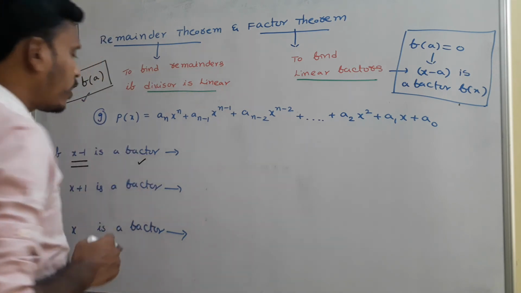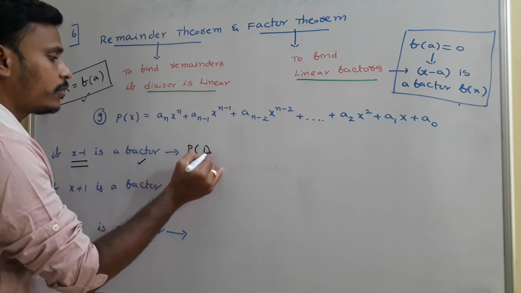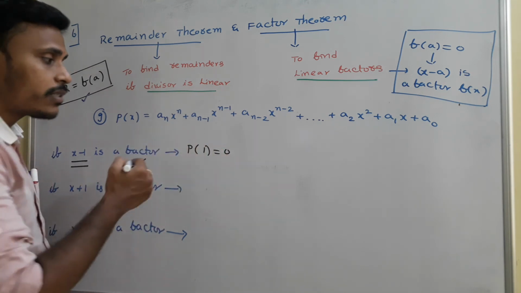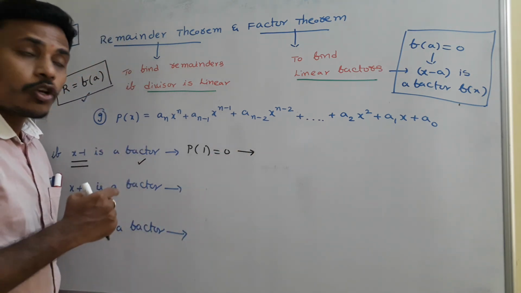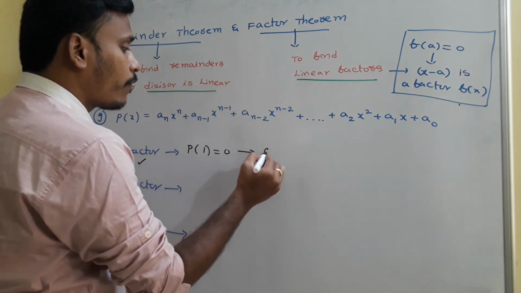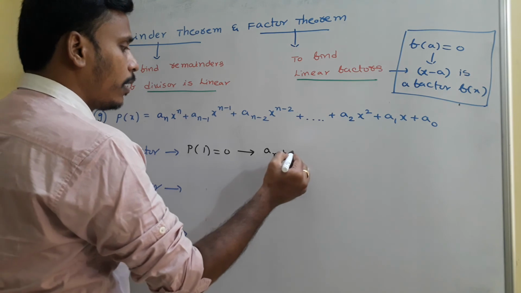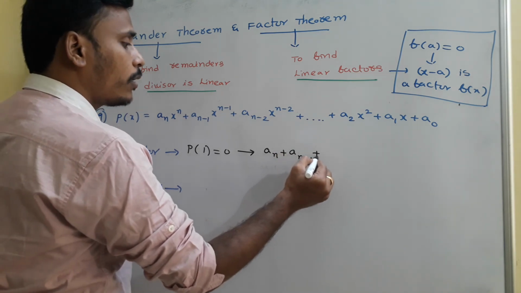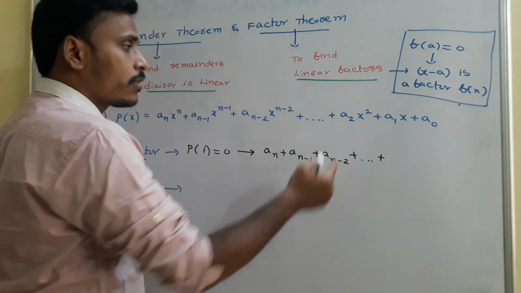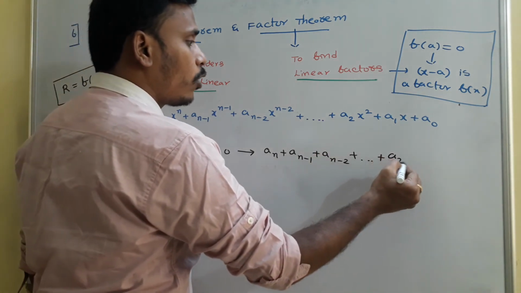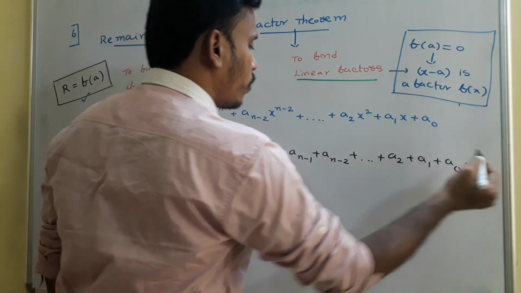Since x minus 1 is a factor, according to the factor theorem, p(1) equals 0. So if you replace x with 1, a_n into 1 to the power n, so a_n plus a_(n-1) plus a_(n-2) plus and so on plus a2 plus a1 plus a0 equals 0.